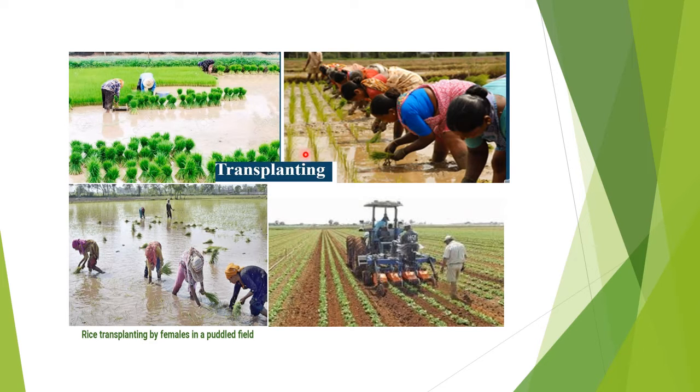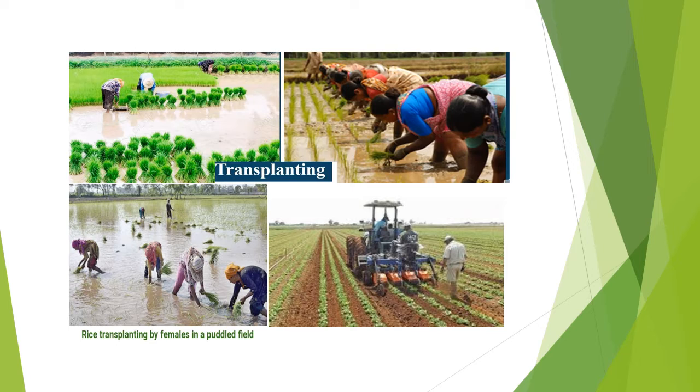This is how transplanting is done in rice, where you take the seedlings which have been grown in the nursery and transplant them in a particular pattern in the rice fields or in the open fields by mechanical or manual means.